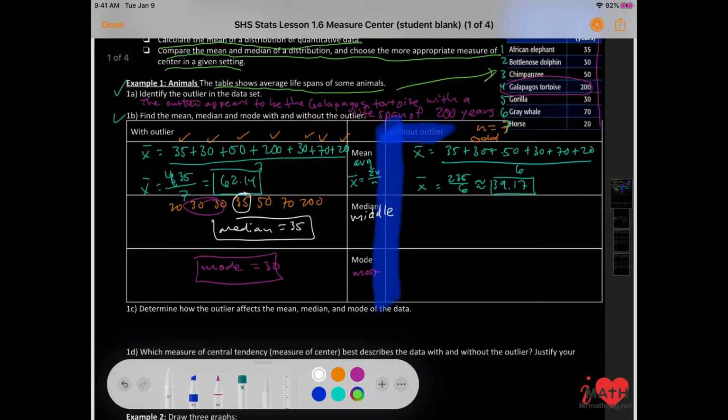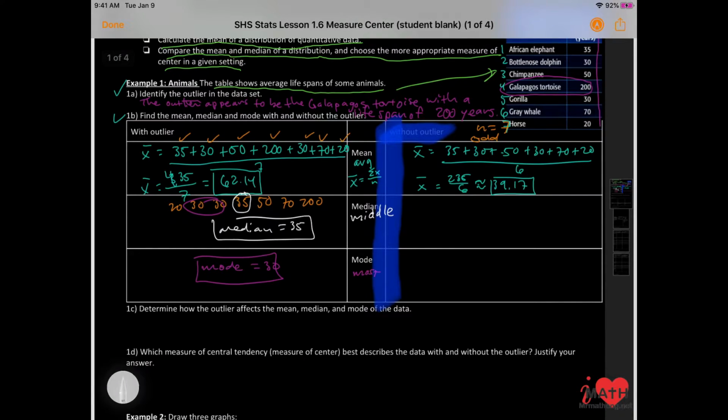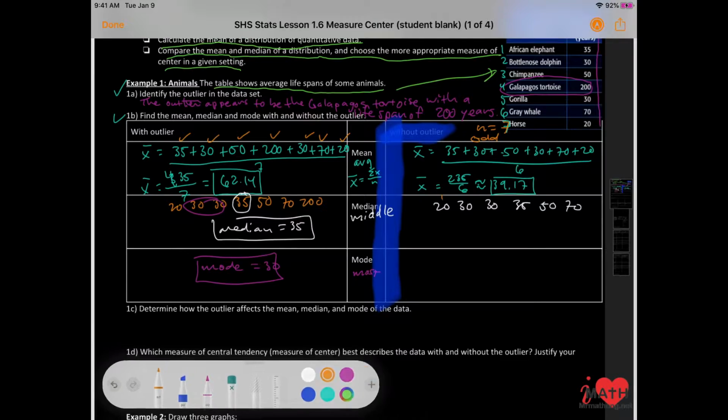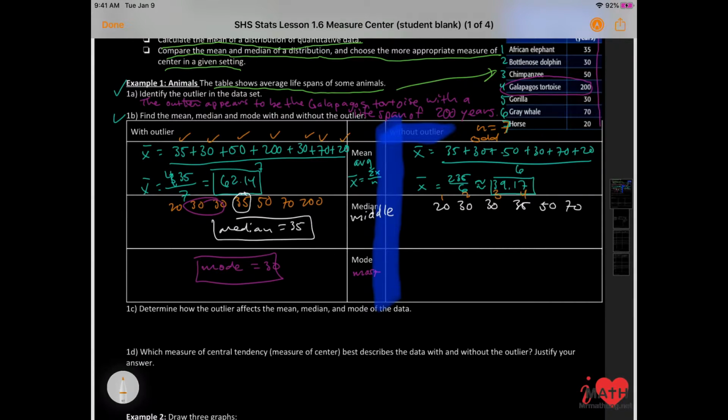And then if you don't include the tortoise, you're going to have 20, 30, 30, 35, 50, and 70. And if you pay attention now, our list has an even number, n is equal to 6. So why is that important?